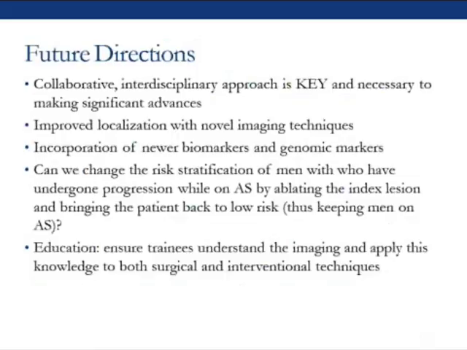And then I ultimately think that we can use this to help change that risk stratification of men who progress while on active surveillance and prevent them from needing to undergo surgery or radiation therapy. And then education is also important. I think it's important to educate everyone who's interested in this about the imaging and the biology of the disease, so then we can bring this surgery to the OR, to the IR suite.